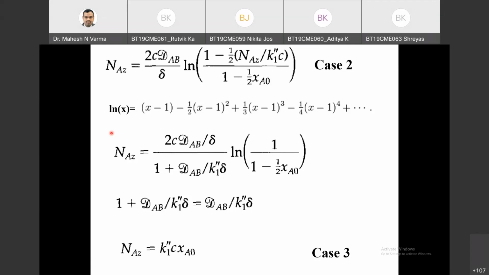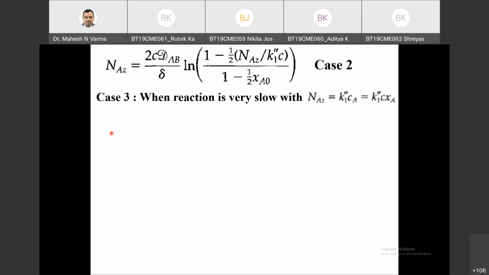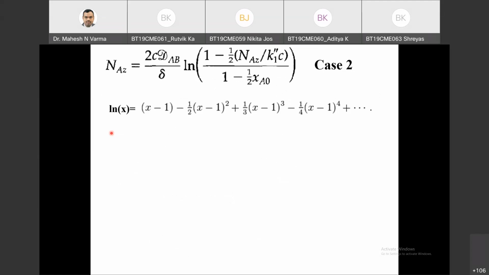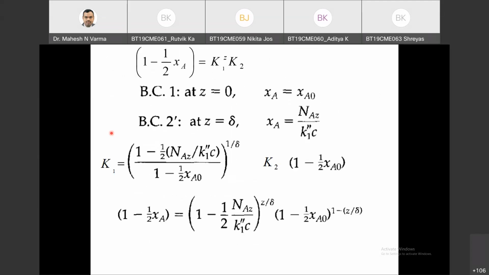Yeah, because concentration will not change much as mass transfer is larger, and you are transporting molecules at a much higher rate than they are consumed. So the overall concentration will be constant.